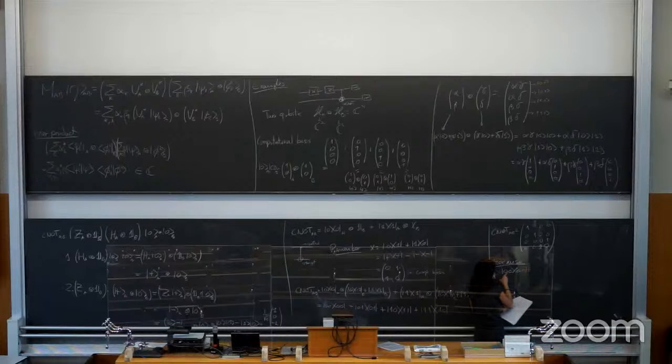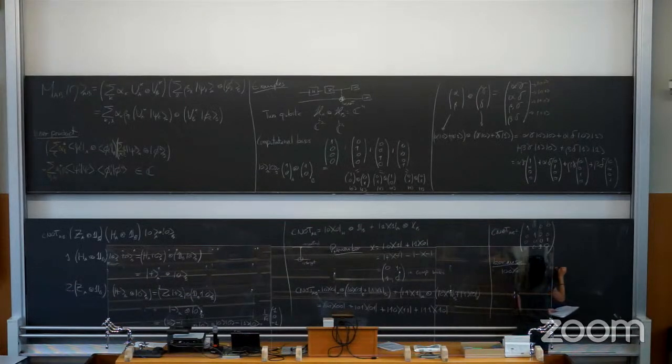It's this ket, which is 1, 0, 0, 0, and this bra, 1, 0, 0, 0. We multiply them, so we get the matrix. If you remember your linear algebra, this element is going to be this times this. That's the 1. Everything else is going to be zeros.